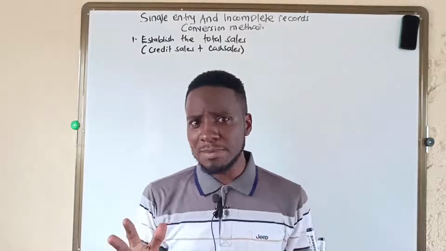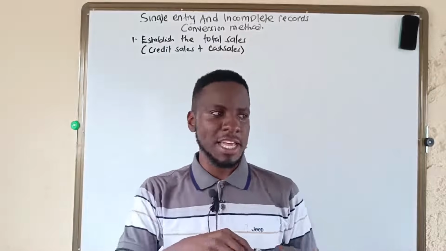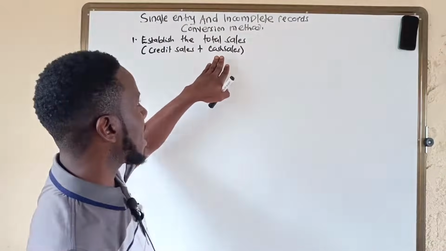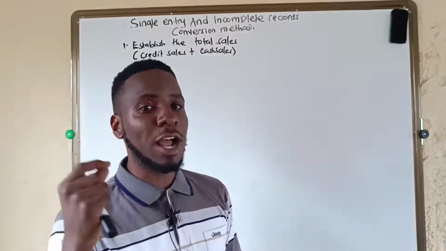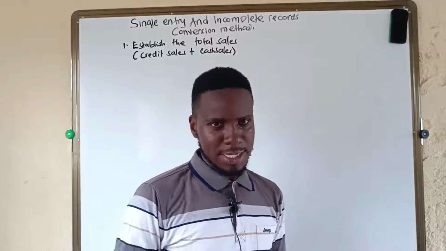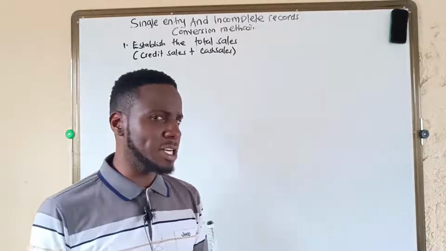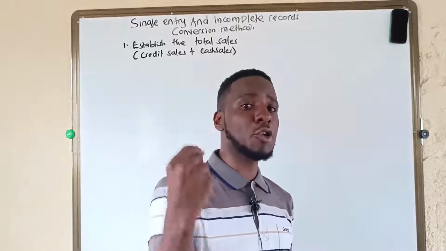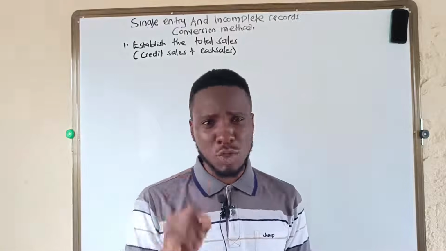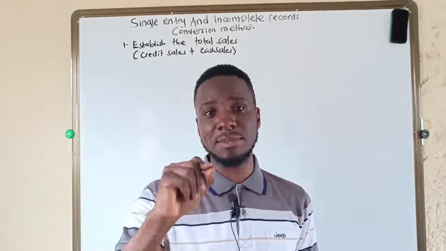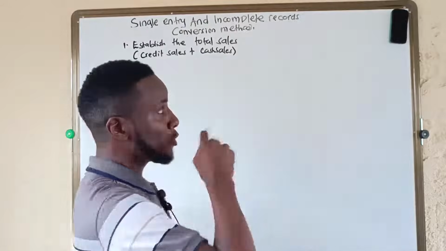Very many times in the questions that you're going to find, they will always give you the cash sales. But it will be on you to calculate the credit sales. Now, how do we calculate that credit sales? From your knowledge of control accounts, we are going to prepare what they call a debtors control account. This is the same as the sales ledger control account.